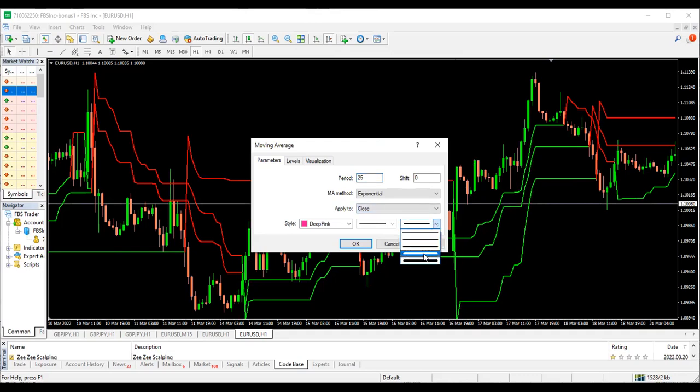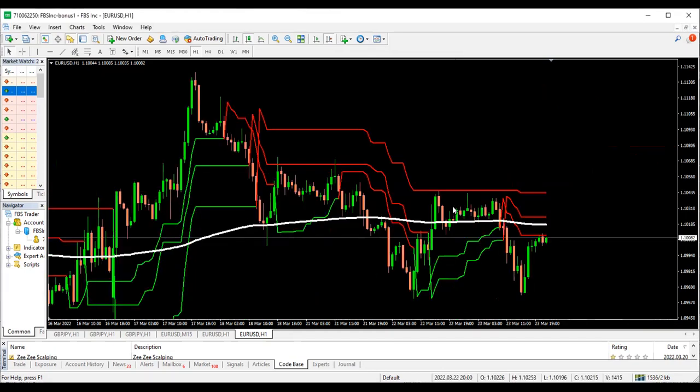I like to make it very bold, and I make the color white. Look at this: this is exponential. I'm not using simple, I'm not using smoothed, I'm not using linear weighted, I'm using exponential moving average. Then I apply it to the chart.